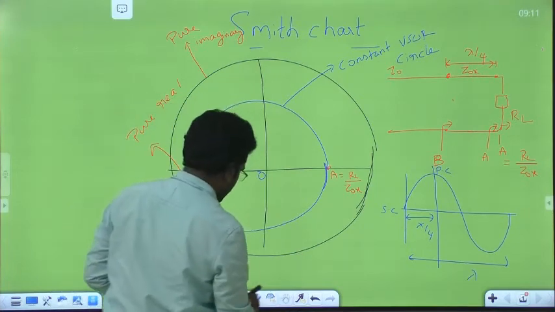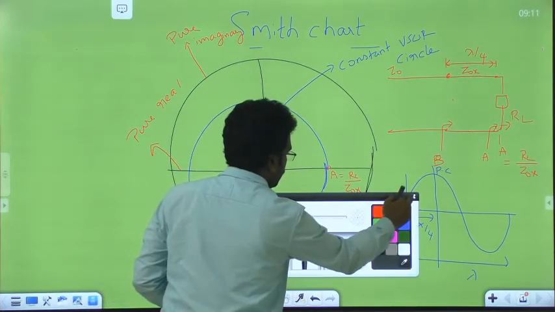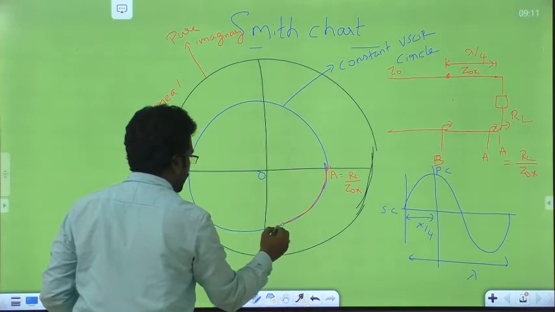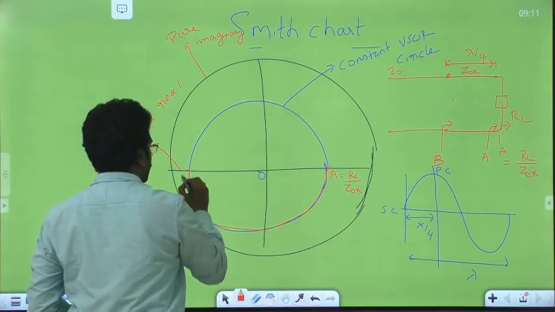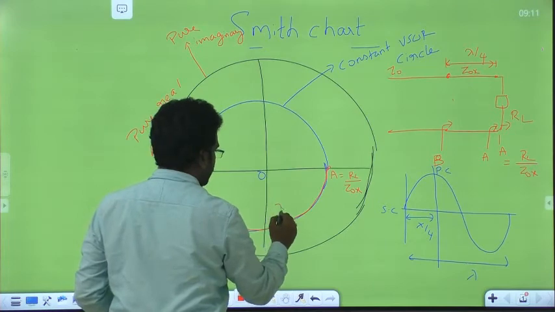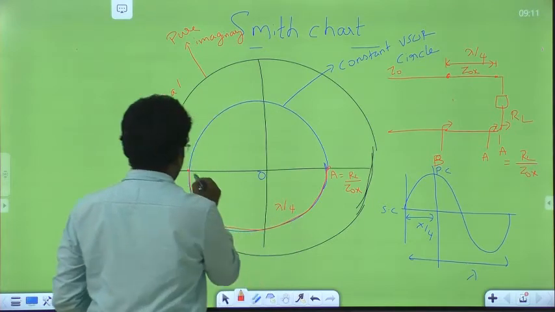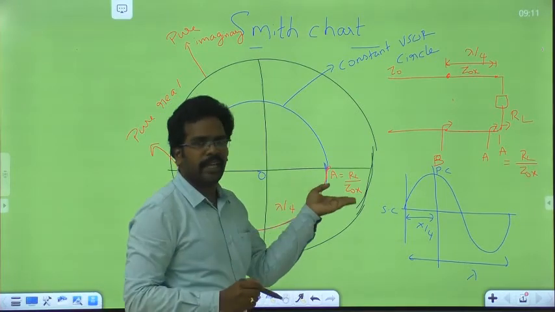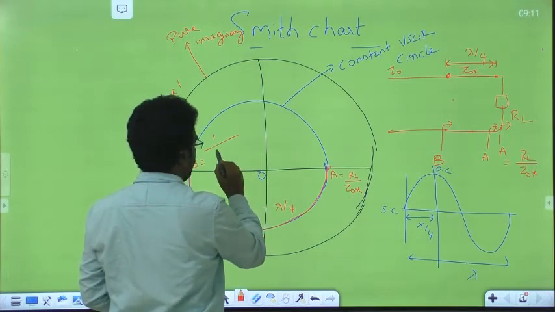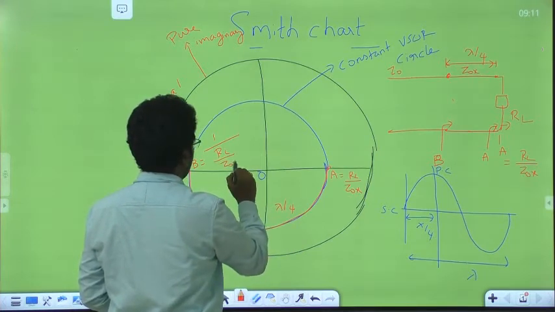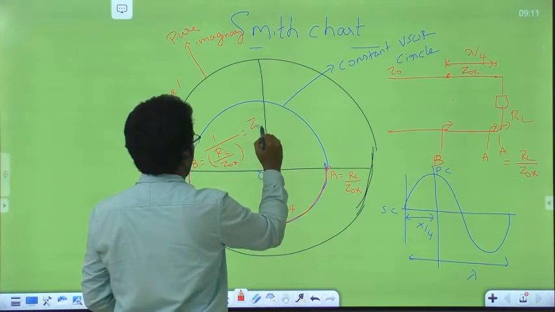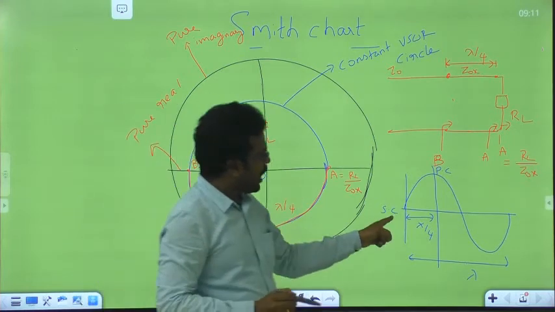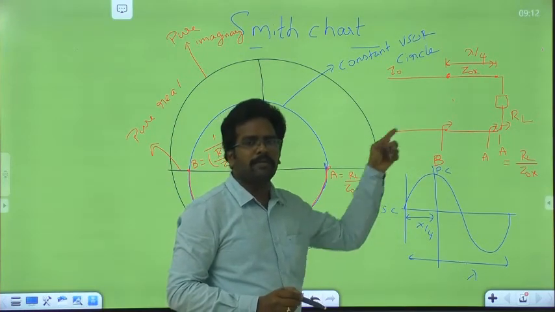So here, from point A, travel a distance of lambda by 4. So at this point, what is the impedance you can take? It is the inverse of the impedance at A. Therefore, this gives 1 by (RL by Z0X), that is equal to Z0X by RL. So this is the impedance at B point, because traveling a distance of lambda by 4 is going to give the inverse point.